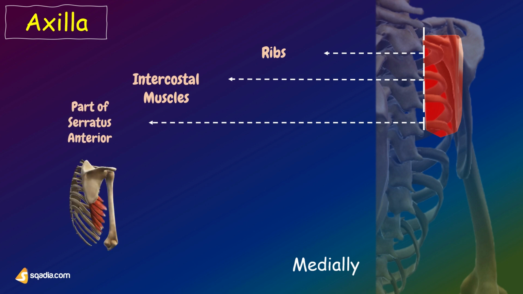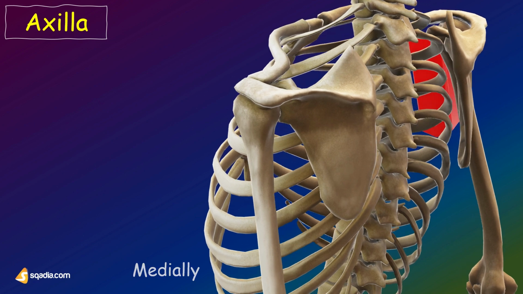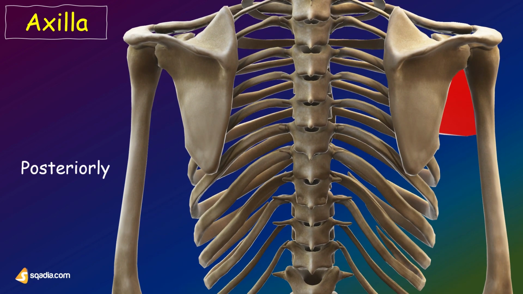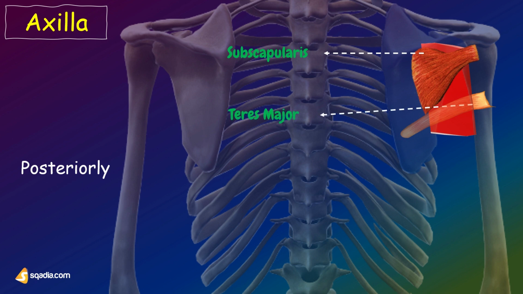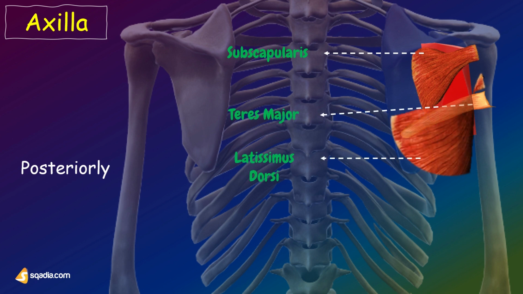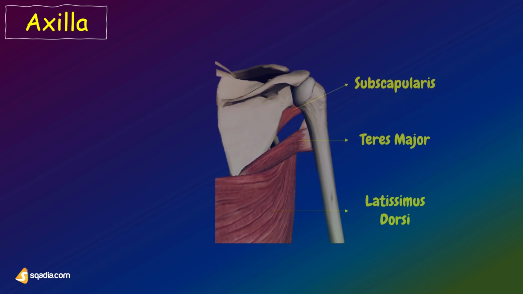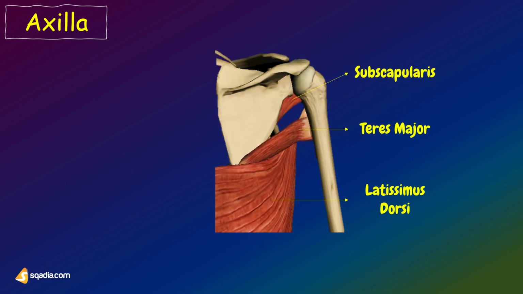Moving toward the posterior aspect, we have 3 muscles: subscapularis, teres major, and latissimus dorsi. We also have the scapular bone at the posterior surface. This here is a better way of showing the posterior aspect of the axilla. The subscapularis muscle is attached at the subscapular fossa of the scapula.